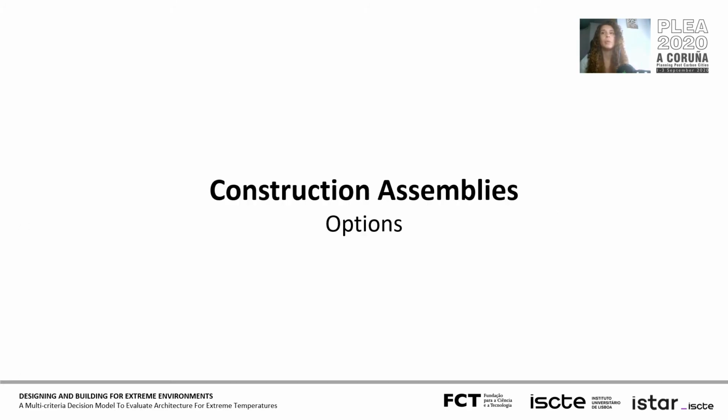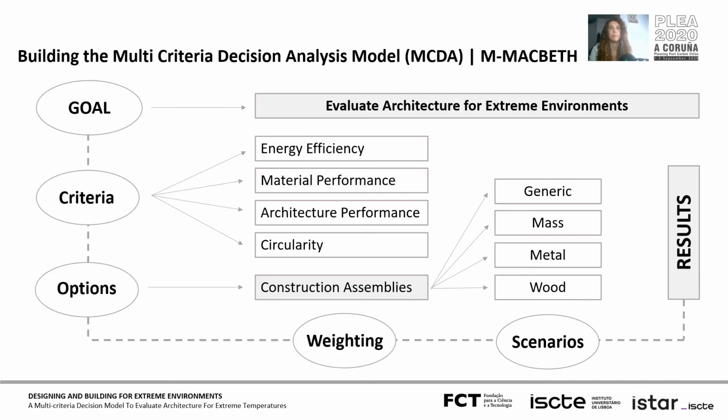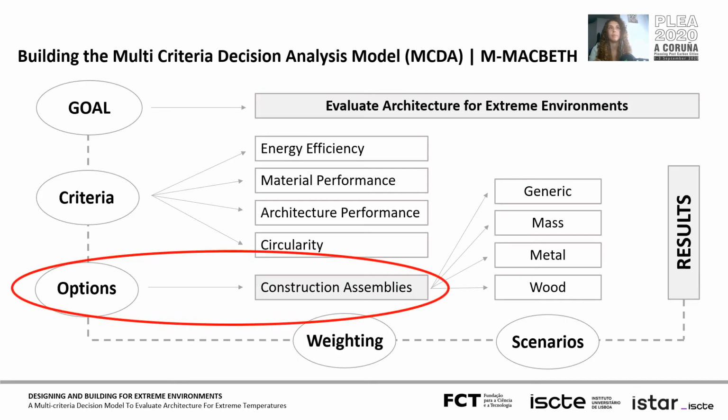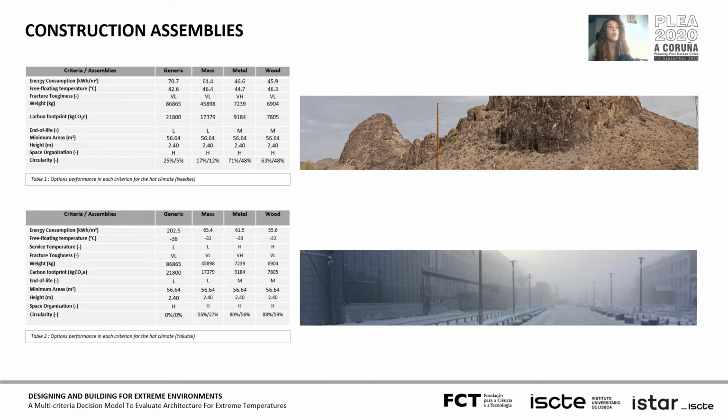Next, we will be looking into the construction assemblies, which are the options that we input into our model. So we gave our model 4 options based off the materials that we spoke of before. These construction assemblies were retrieved from the Energy Plus material library, and the correct materials for each climate zone were used.